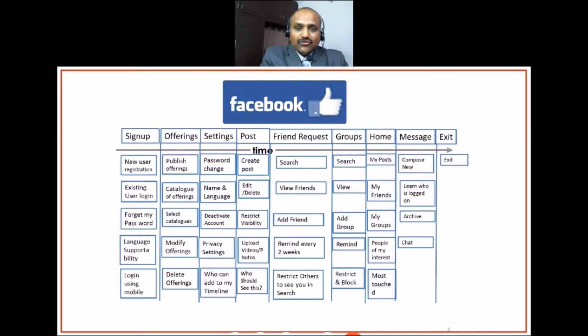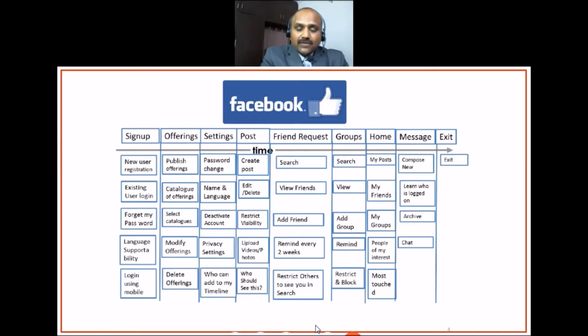They all form the feature sets, because each vertical provides a bunch of features under each feature set. For example, if you take sign up: new user registration, existing user login, forget my password, language supportability and login using mobile. These are the group of features under the feature set called sign up.